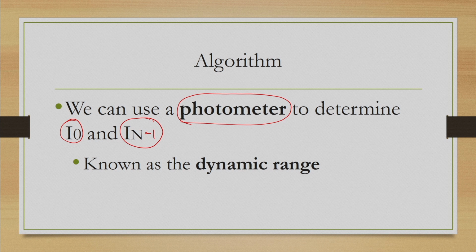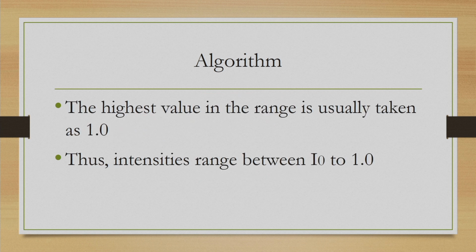It means that we know the range of intensities supported by that particular system. This is called the dynamic range, which is bounded by I0 and In minus 1. Now, the highest value, that is In minus 1, is usually taken to be 1.0, that is a convention used.